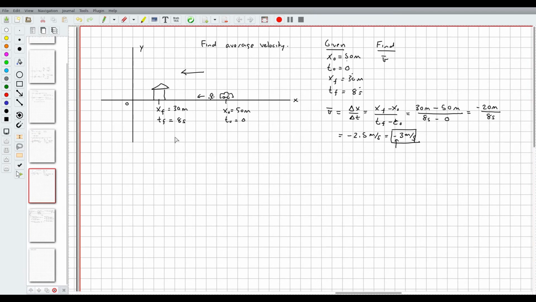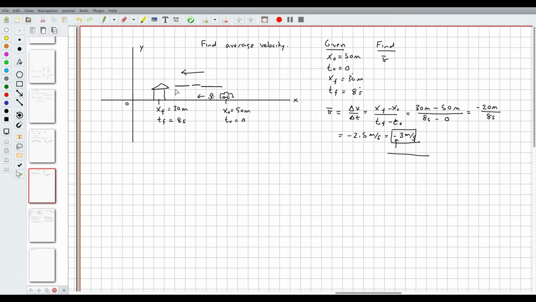If you were to say, for example, look here, where you're walking from your car back to your house, one of the issues that you would notice is that you may have averaged about 3 meters per second to the left, but there may have been times in which you sped up and slowed down when you were walking.